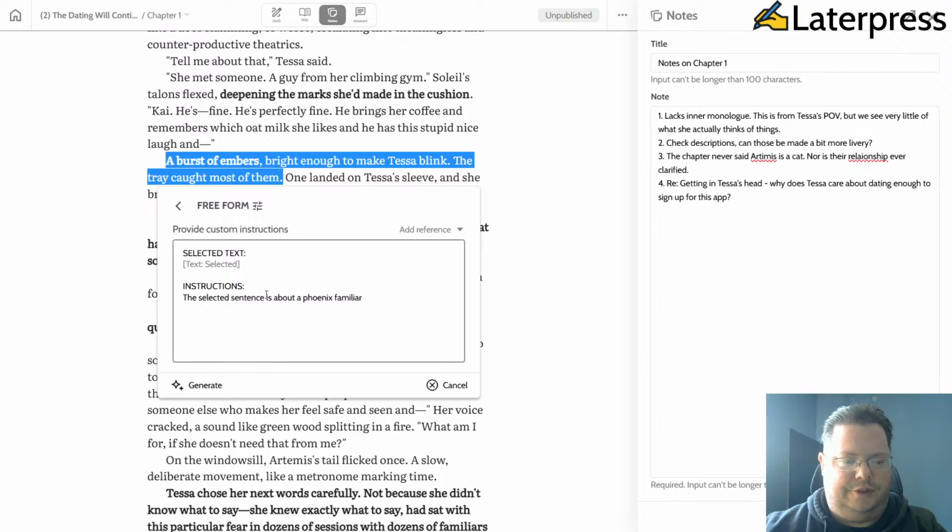So I'm just explaining: this selected sentence is about a phoenix familiar who is very nervous in a therapy session, and embers erupt from its body as a nervous tick.